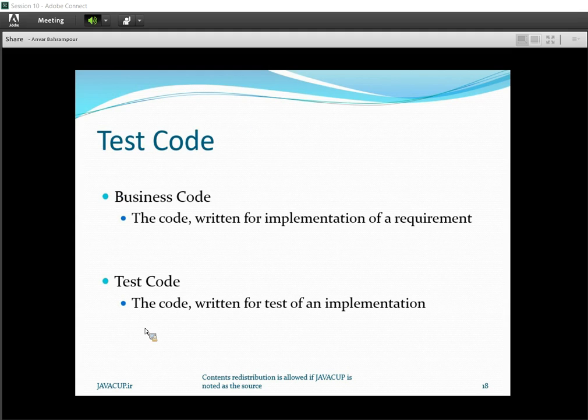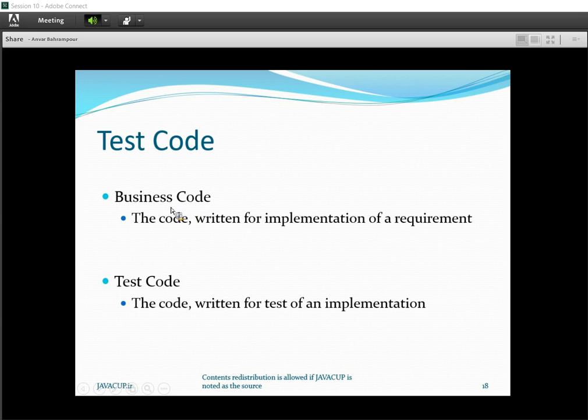When we do a unit test, we have two separate sets of code. It includes the business code and the test code.